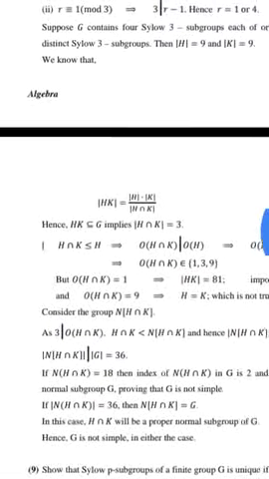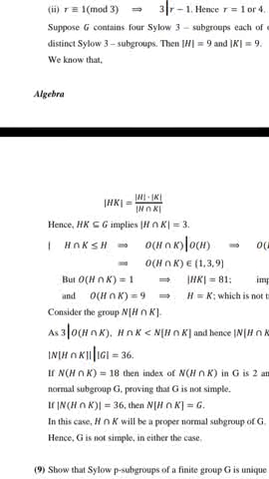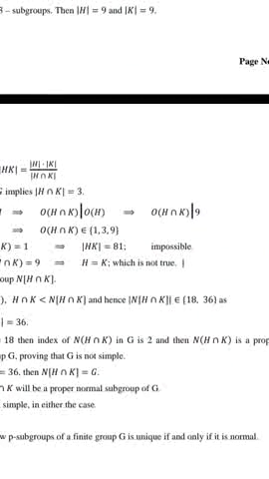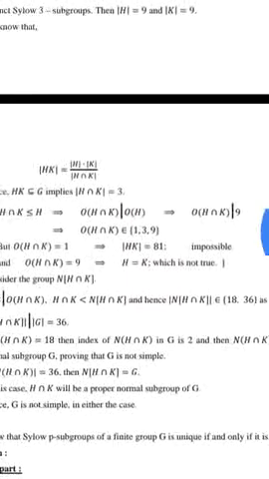H intersection K is a subgroup of H, so the order of H intersection K divides the order of H, which is 9.